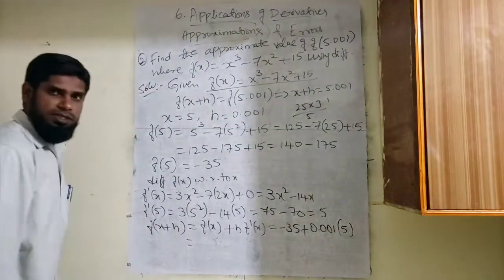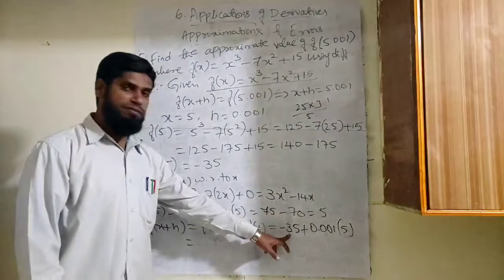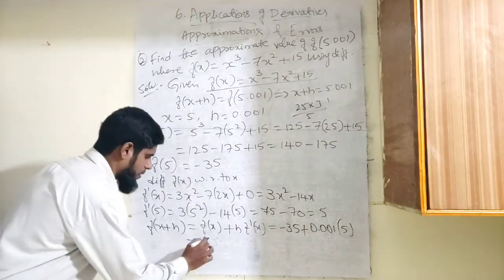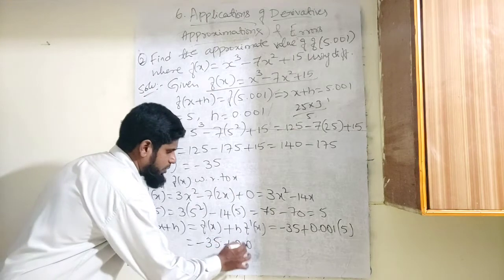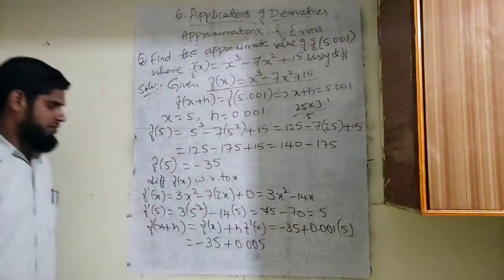So the final answer here is minus 35 as it is plus 0.005.